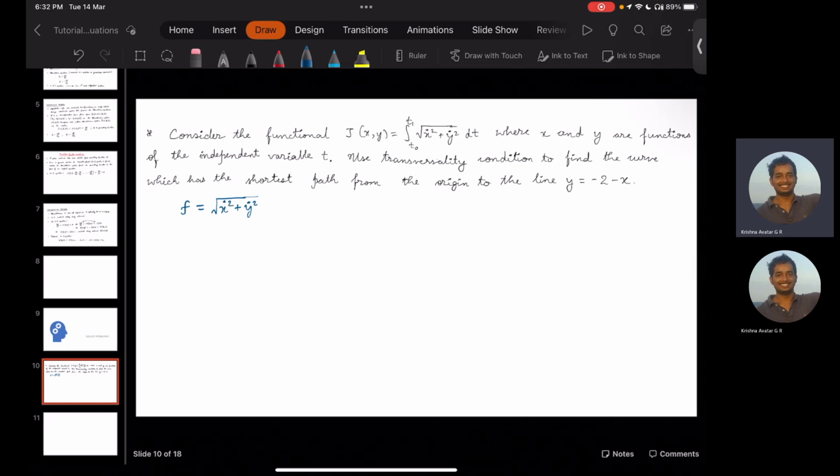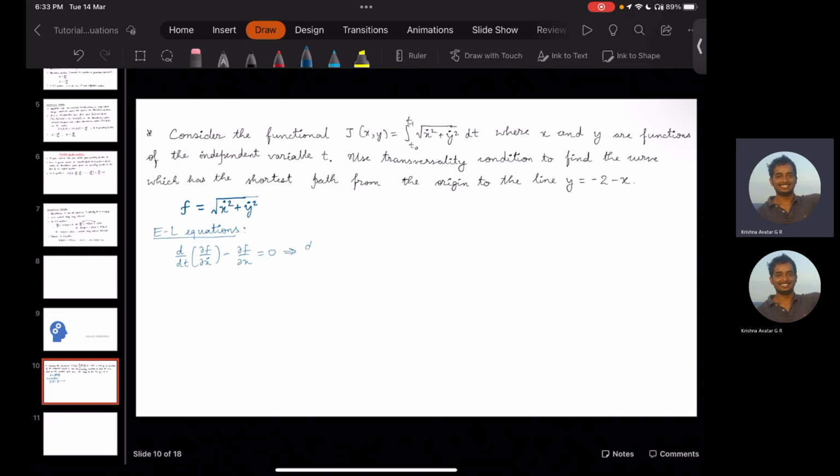So when we derive the Euler-Lagrange equations, EL equations, we'll have a set of two Lagrange equations. And the first one is d by dt of del F by del x dot minus del F by del x is equal to 0.